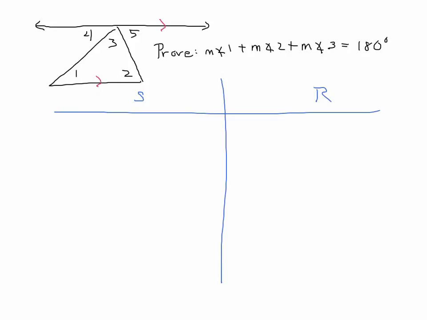The first thing I'm going to note in my proof is that angles 4, 3, and 5 all add up to 180 degrees. And that's because together they form a straight angle. So I'm going to write that down. The measure of angle 4 plus the measure of angle 3 plus the measure of angle 5 adds up to 180 degrees.